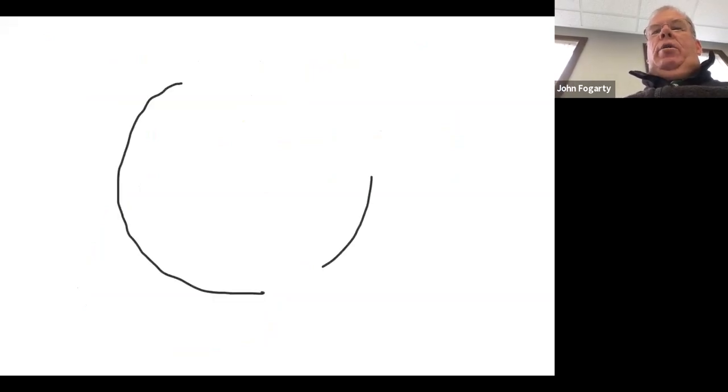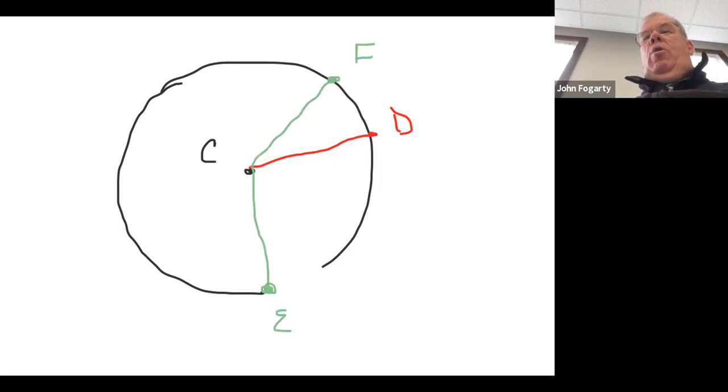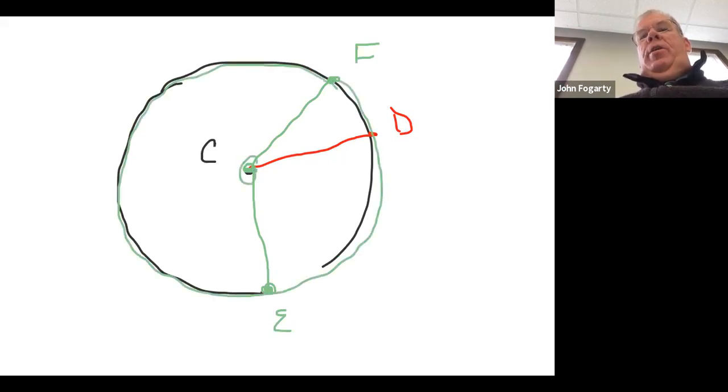Now, I can take that and realize that a circle has a lot of radii. So this is circle C. This would be a radius, this would be a radius, this would be a radius, and so on and so forth. Now, by definition, the circle is all the points the same distance from the center.